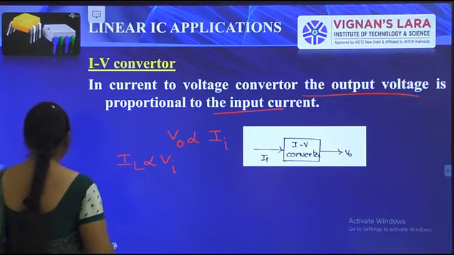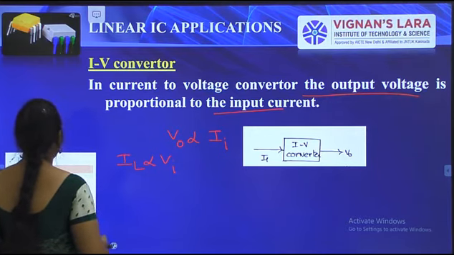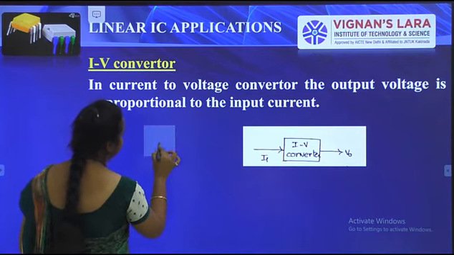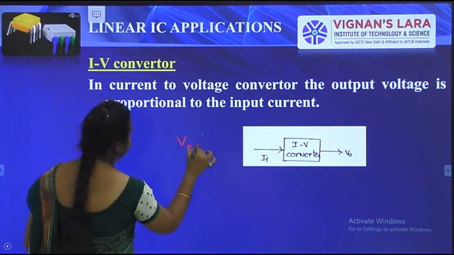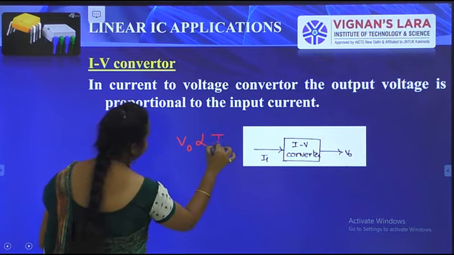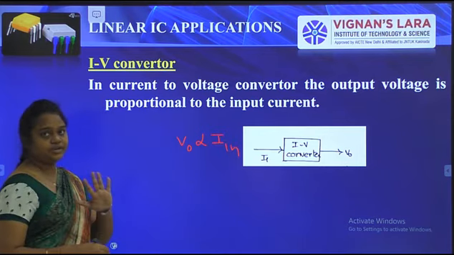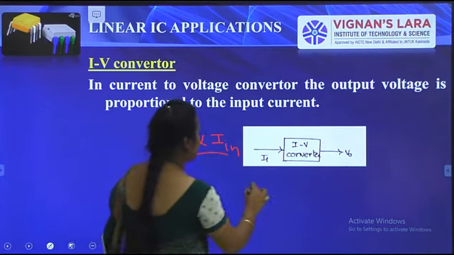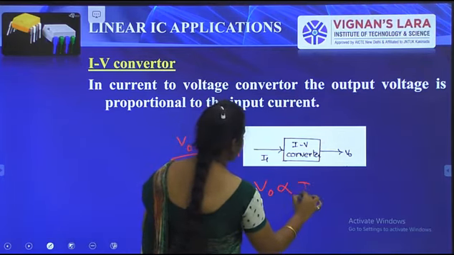In this current to voltage converter, we are going to derive that the output voltage is proportional to the input current.